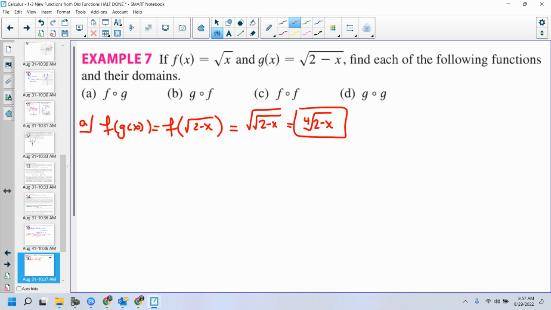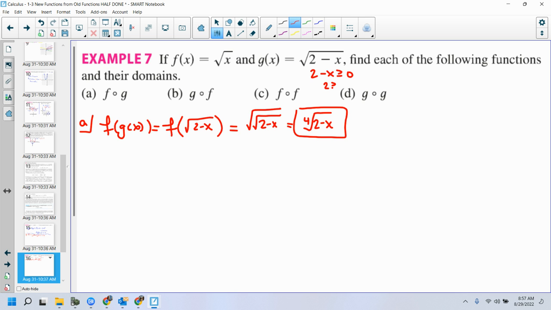For my domain, I have to look at g of x first. What is the domain of g of x? Well, 2 minus x has to be greater than or equal to 0. Let's add x over to the other side.